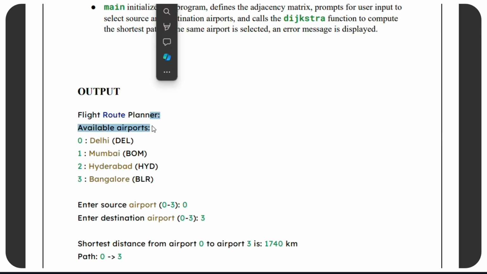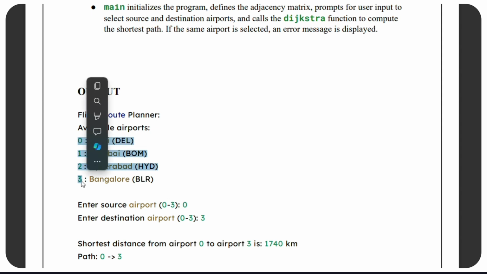Here we have the available airports: Delhi, Mumbai, Hyderabad, Bangalore. Here it asks the user to enter the source airport from 0 to 3, since the position in the array starts from 0 to 3; most programming languages follow 0 indexing, so it takes it like that.